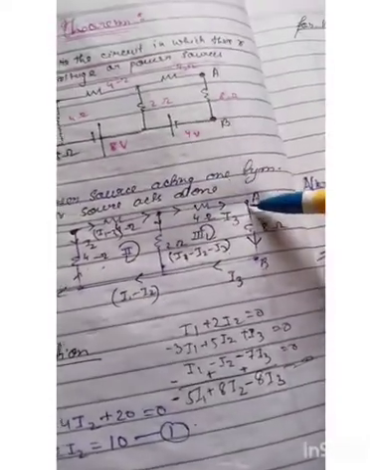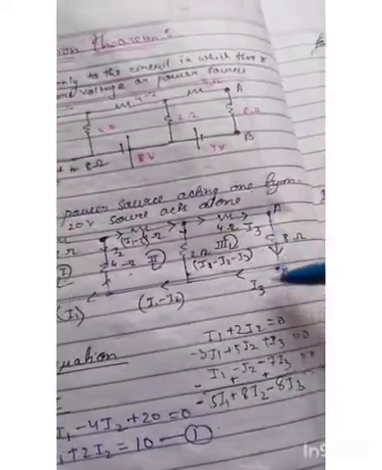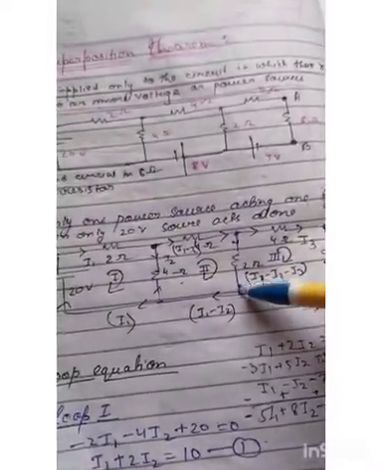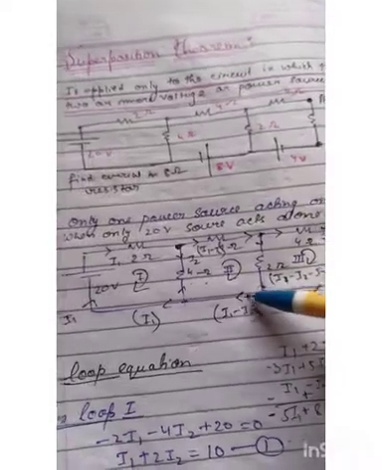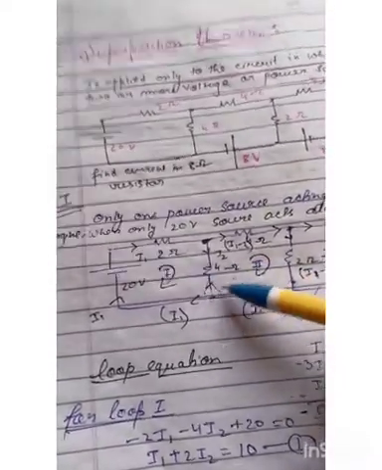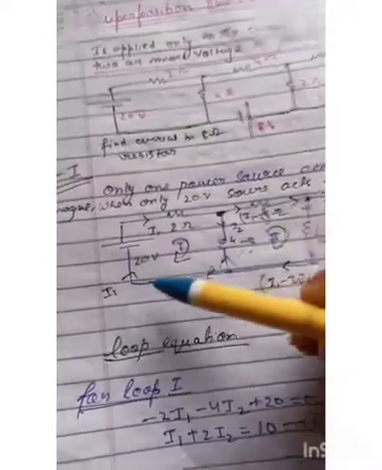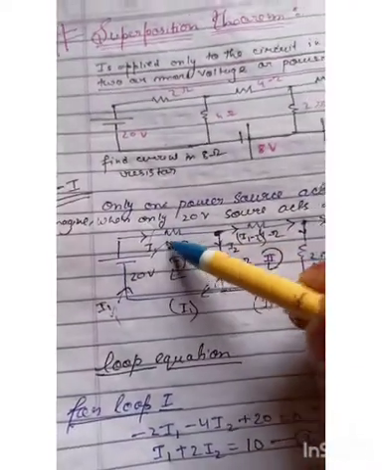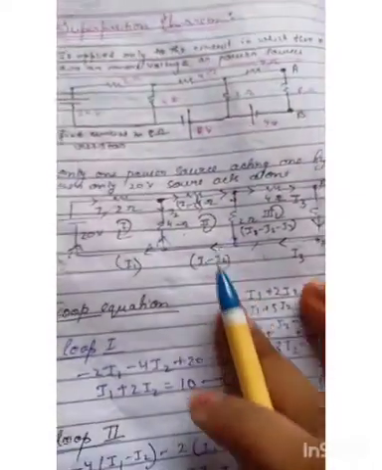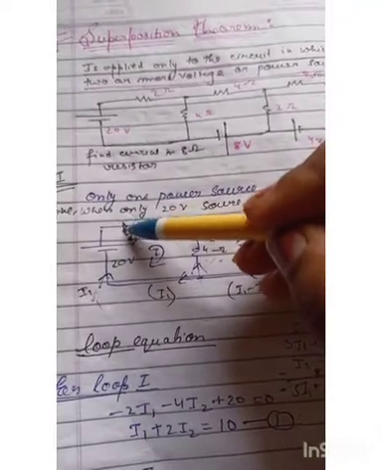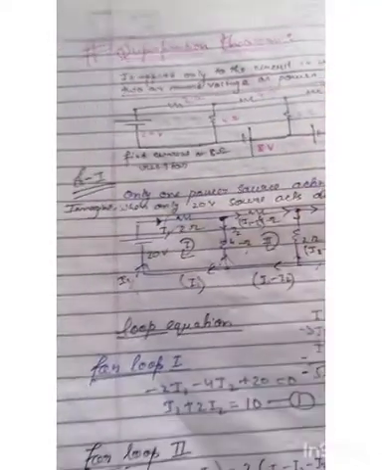Now here I3 is coming here, I3 goes up and I1 minus I2 is going here. Now I2 goes up and I1 is going here. Here I1, at the starting point we get I1. It means that our current distribution is correct because we get the equal amount of current at our starting point.